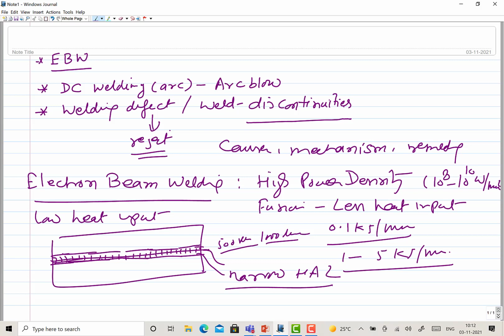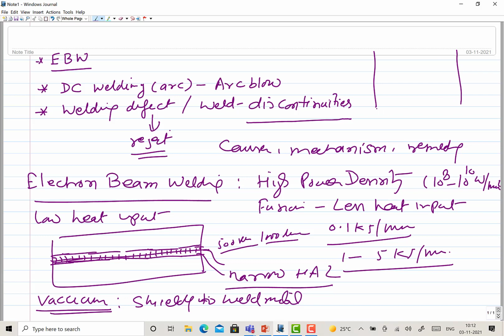And the third, very important aspect is that most of the time electron beam welding is performed in a vacuum. This is the approach of providing shielding to the weld metal. Since it needs vacuum, obviously you need a chamber. Here it may be connected to the vacuum pump, and on the table you mount the workpiece to be joined.